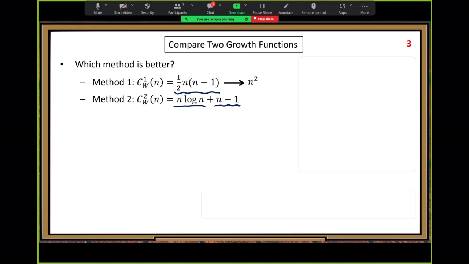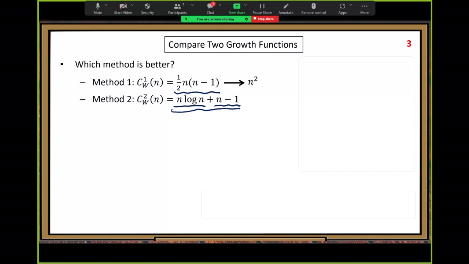Now, how do we get the growth function of the second one? Ignore the minor terms, only keep the dominant term, but make the leading coefficient of the dominant term 1.